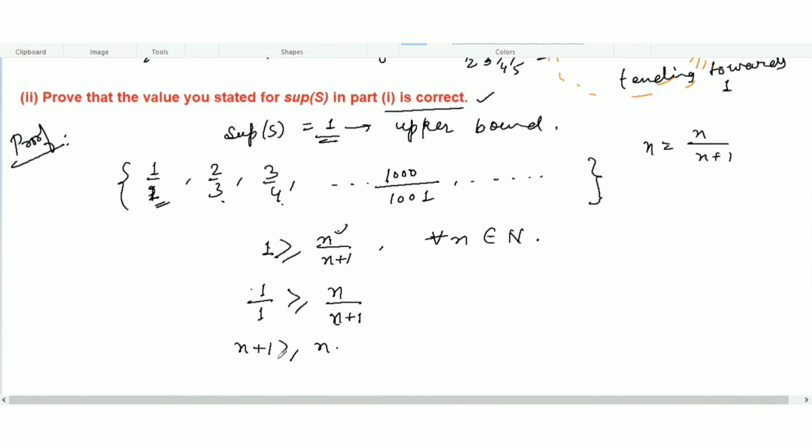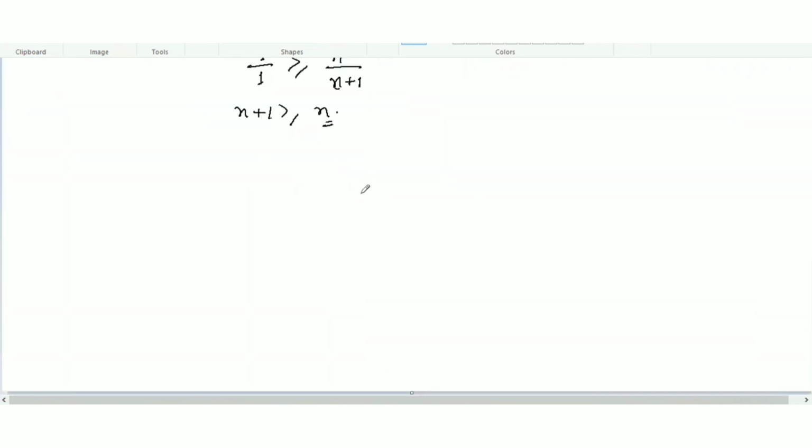Now, next step, we can divide both sides by n plus 1. We are doing the same thing on both sides, so no problem. So n plus 1 will be cancelled, and 1 is greater than or equal to n over n plus 1.